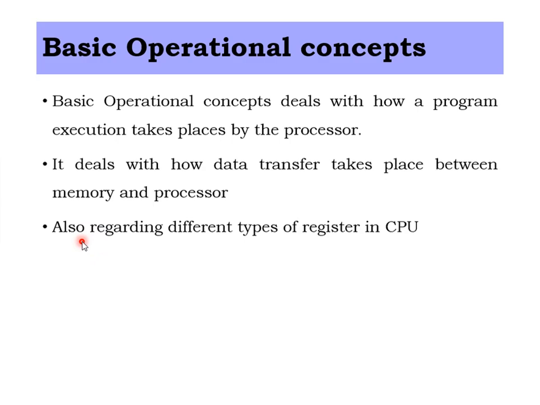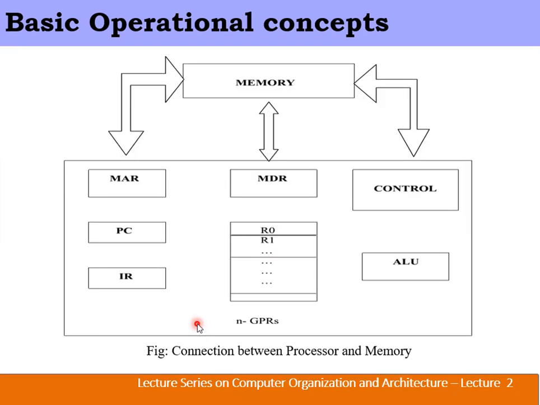We are also going to discuss the different types of registers involved in the CPU. This is the diagram which shows the connection between the processor and the memory. This is the memory component, and this entire box is considered the processor. It involves a certain set of registers along with the execution unit called the arithmetic logic unit, and we have a control unit.